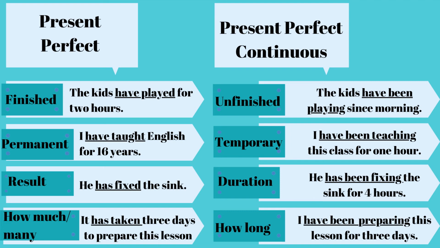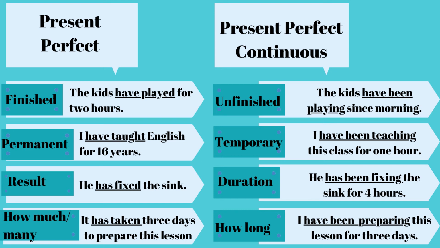The past participle of a regular verb is a base verb plus ed, and the present perfect continuous is formed using has, have, plus the word been and the present participle. Let's look at these side by side.